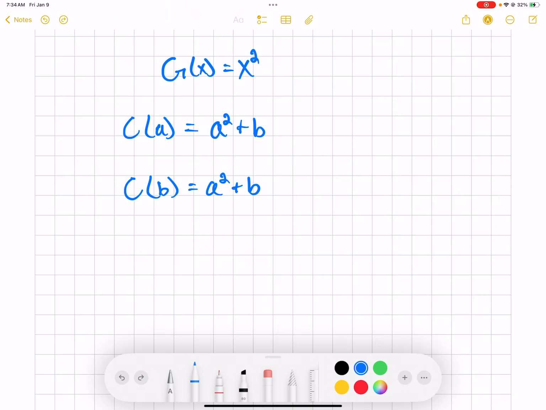Neither one is a constant. Both are variables. Then what I would do is say C of A comma B equals A squared plus B.